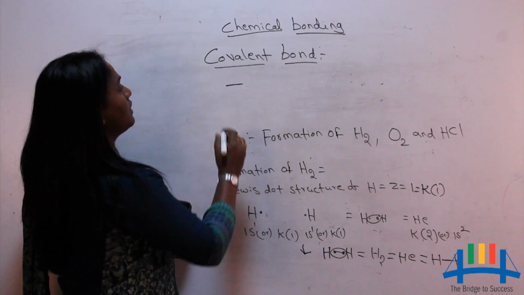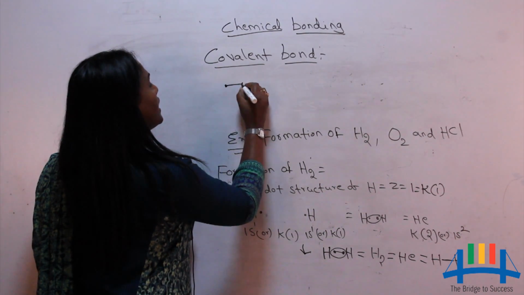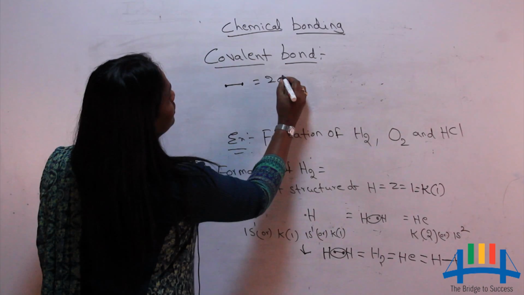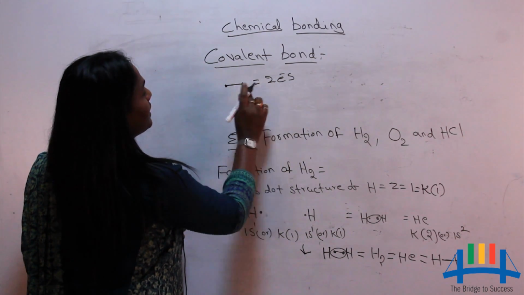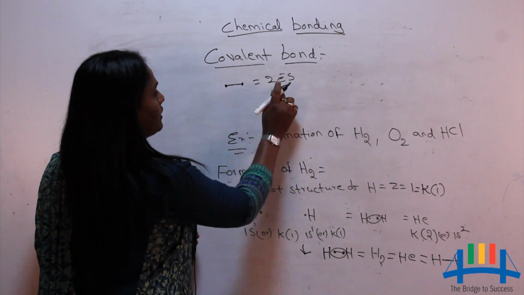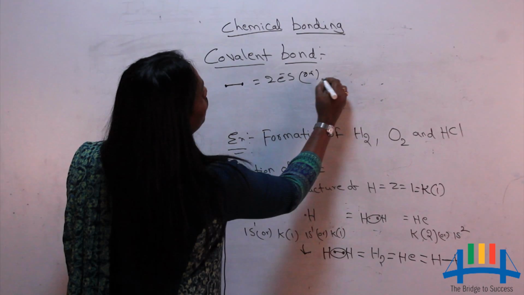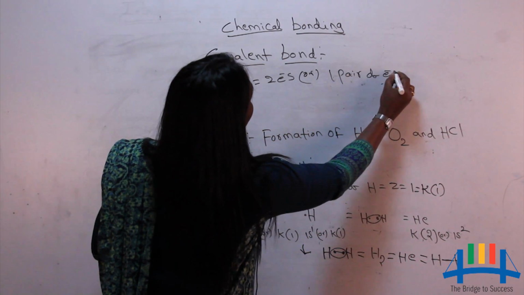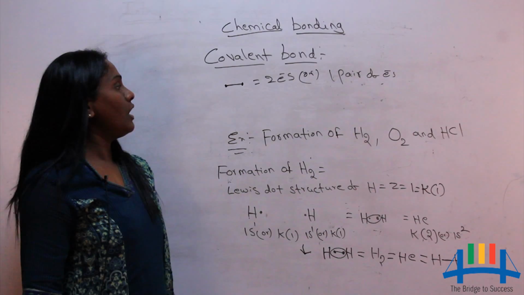One bond is formed by sharing of two electrons. The line represents two electrons, or one pair of electrons. Okay.